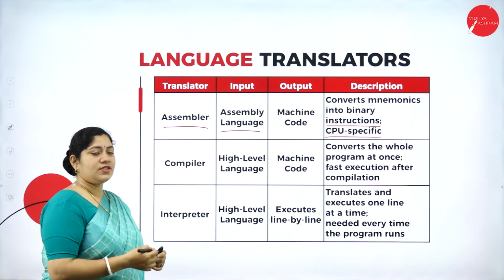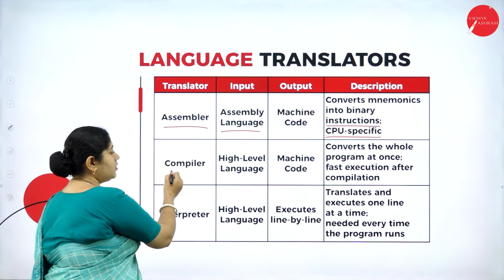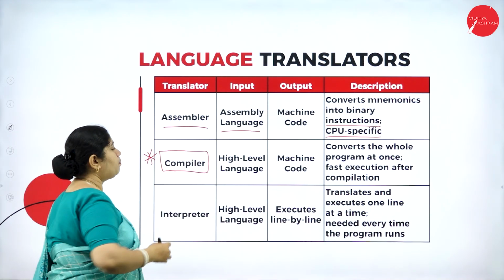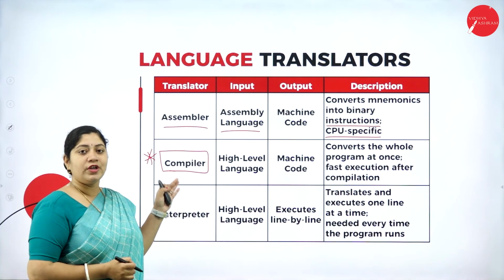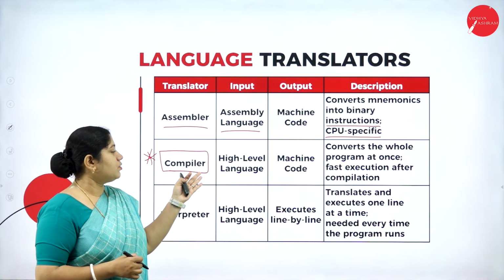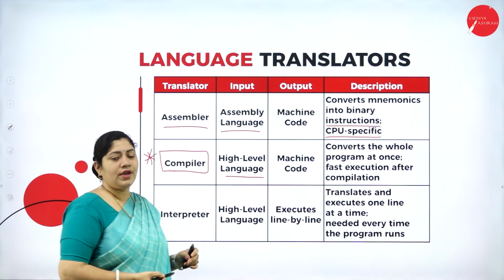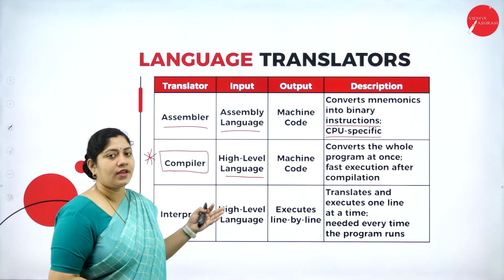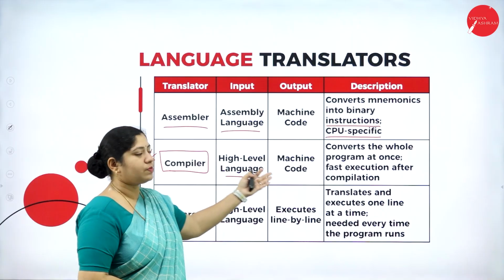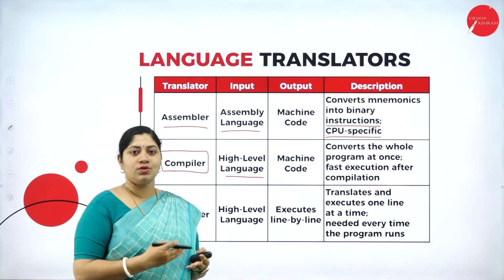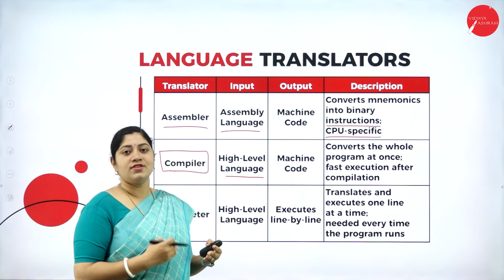Yeah. So let's head up with the next type of translator, which is none other than the compiler. This is one of the very important translators which we use frequently. The input to this compiler is a high level language, and the output we get from this compiler is machine code. The best part, yes, it is widely used.